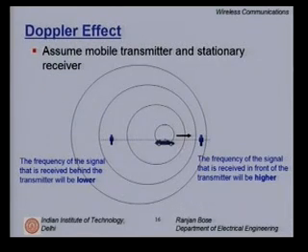More graphically, let's assume that the car has a transmitter and these two people have the receiver. If the car is moving toward this receiver, the frequency of the signal that is received is higher than the transmitted signal, because not only are the waves moving, but the source is also moving.